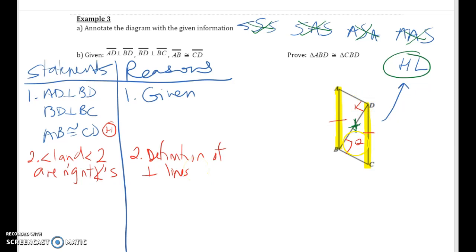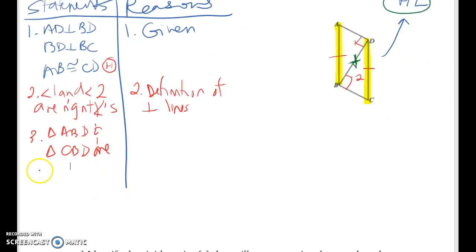So because 1 and 2 are right angles, I can say that triangle ABD and triangle CBD are right triangles. That's the definition of a triangle with one right angle, right? Definition of a right triangle.